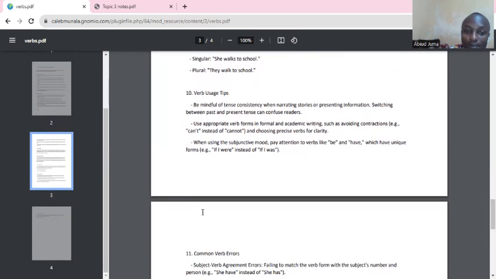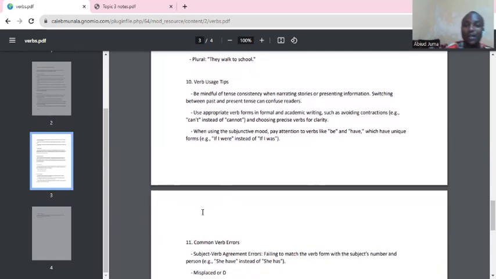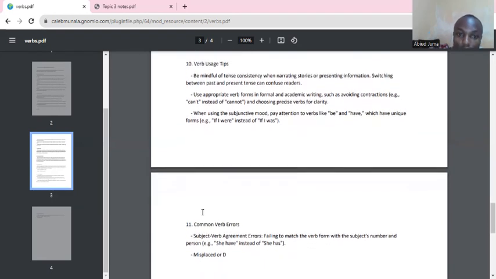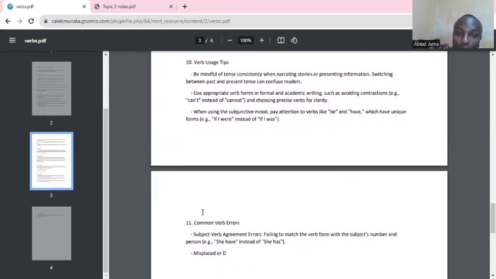You must use appropriate verb forms in formal and academic writing, such as avoiding contractions, e.g., can't instead of cannot. When using the subjunctive mood, pay attention to verbs like be and have, which have a unique form.